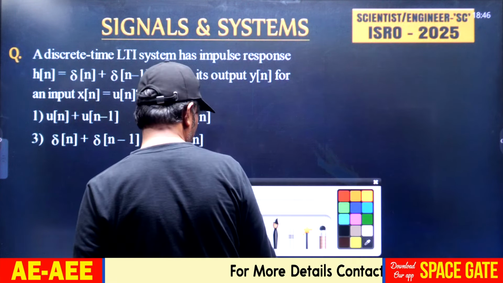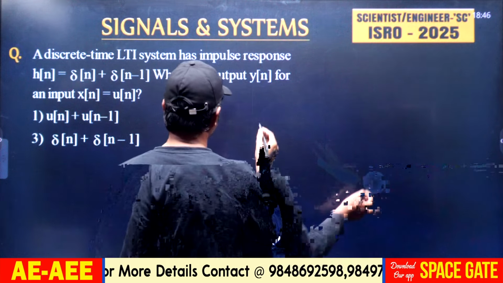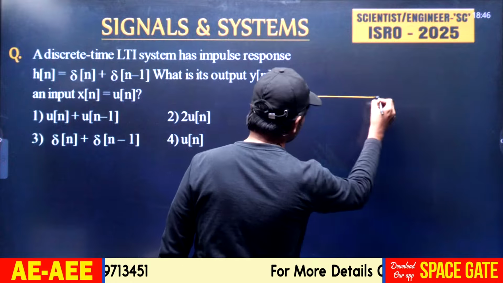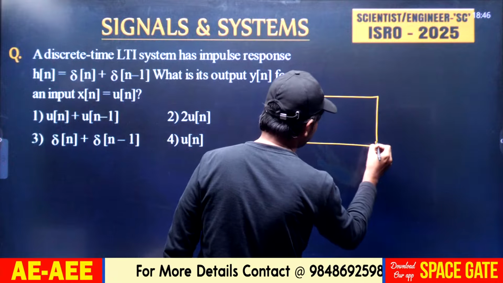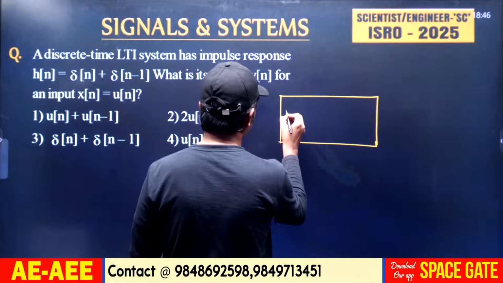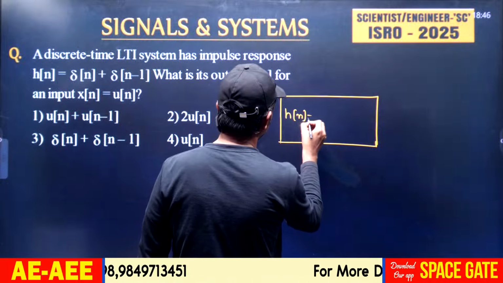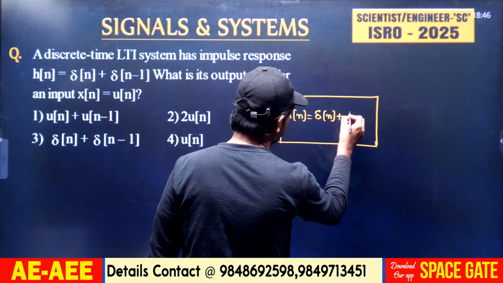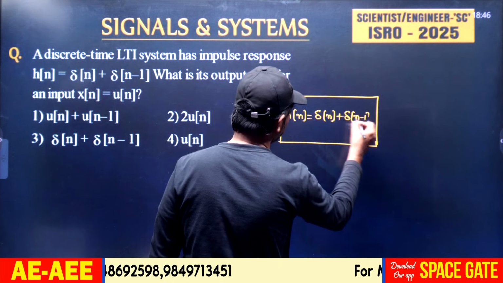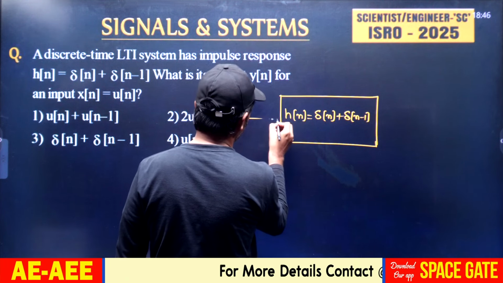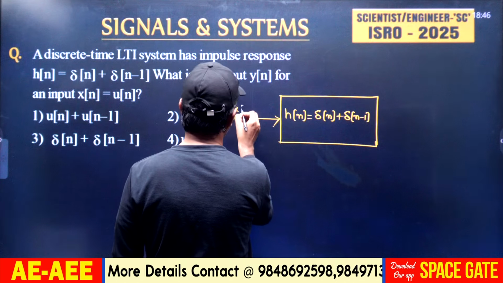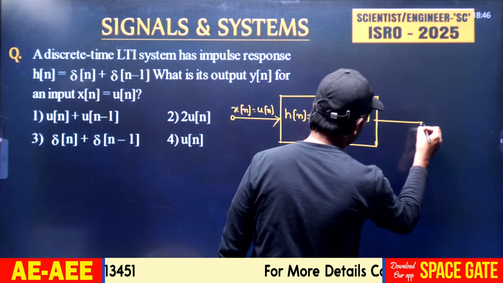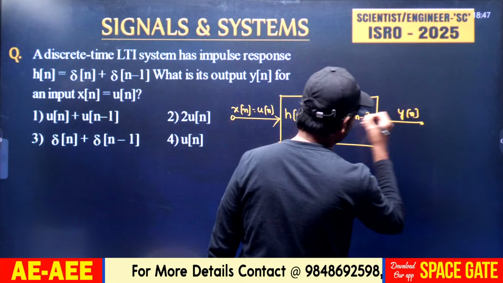Here for a discrete time LTI system, this information is given: the impulse response h of n is equal to del of n plus del of n minus 1. Now he is asking us to calculate the output for the input x of n is equal to u of n. Now this is output y of n, right?